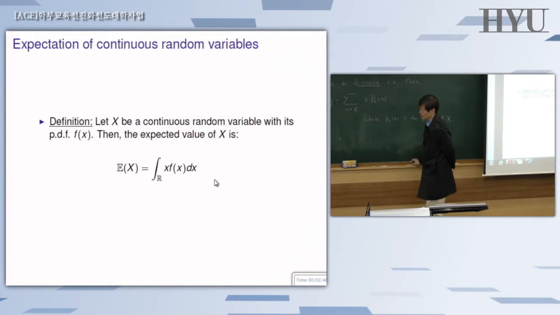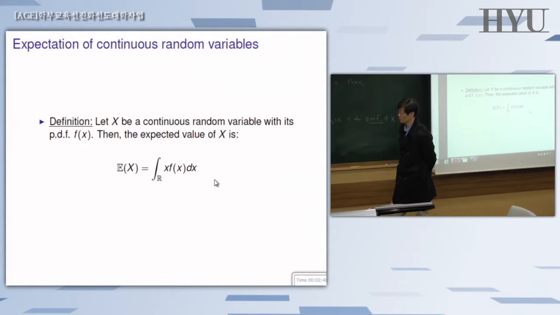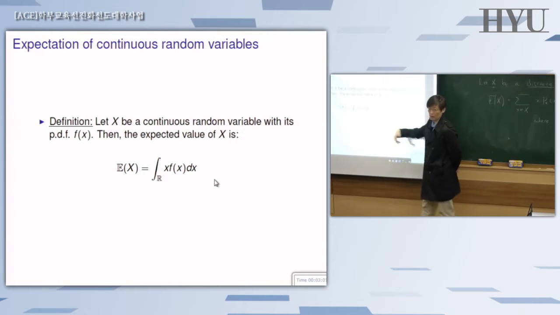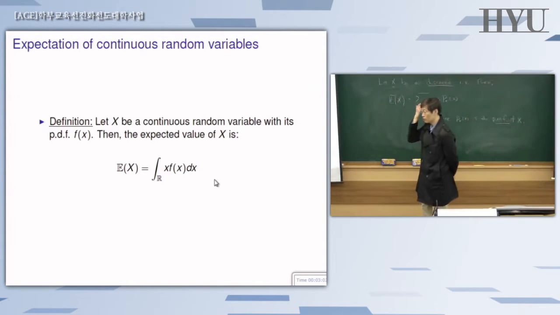And if you compare the definition of the expected value for the continuous case, you see that there's such a close analogy. There are two differences. First, you need to replace that PMF by this PDF, because we have a density function, not a mass function, for the continuous case.